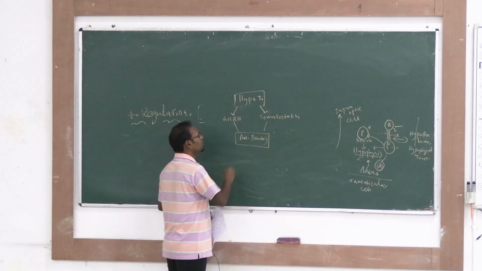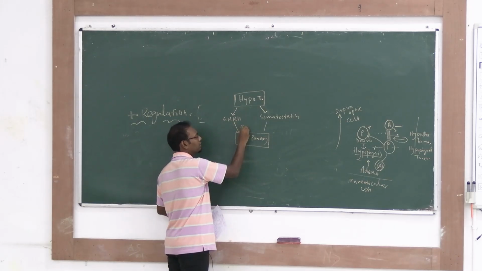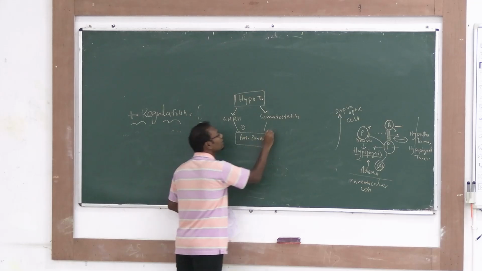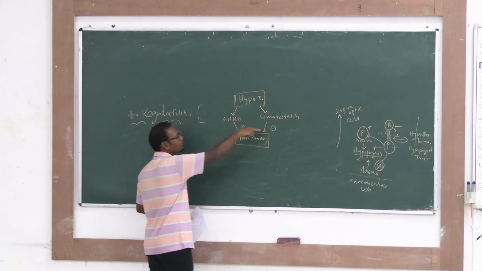Now tell me, GHRH will positively affect, right, and somatostatin will negatively affect. So first of all, the first round of regulation comes from there.